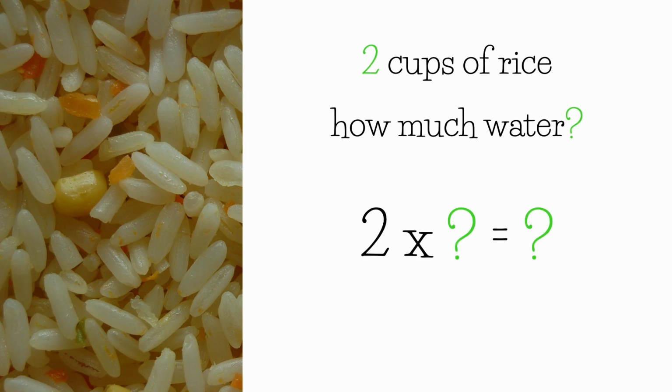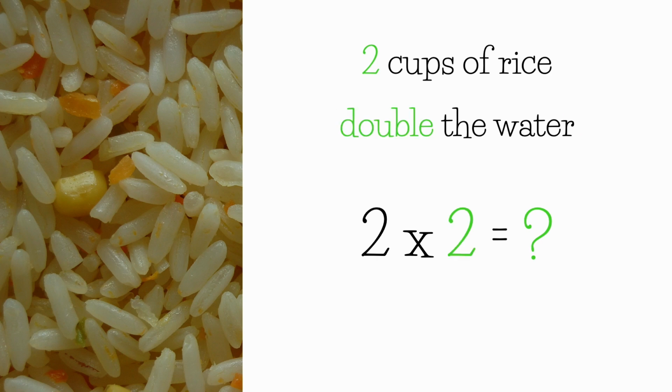So 2 cups of rice, and I said that we need to have double the amount of water. So if we have 2 cups of rice, we multiply that by 2 to double it, right? When you double something, you multiply by 2.